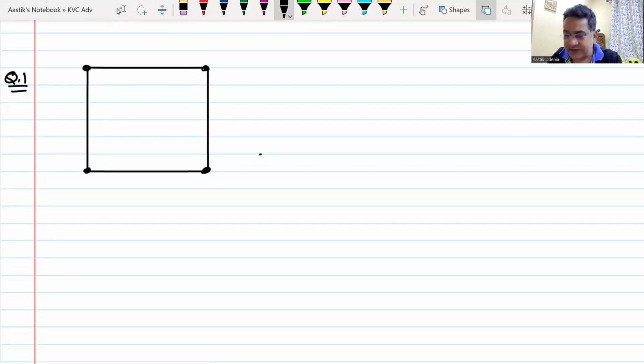Right now, just let us concentrate on a simple question. M, M, M and M. These are four masses, and they are placed on the corners of a square of edge length A. What we have to find out is the gravitational potential energy of this system.